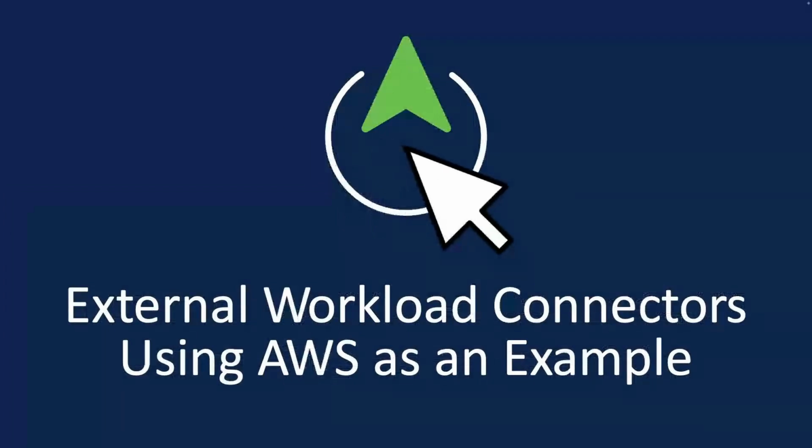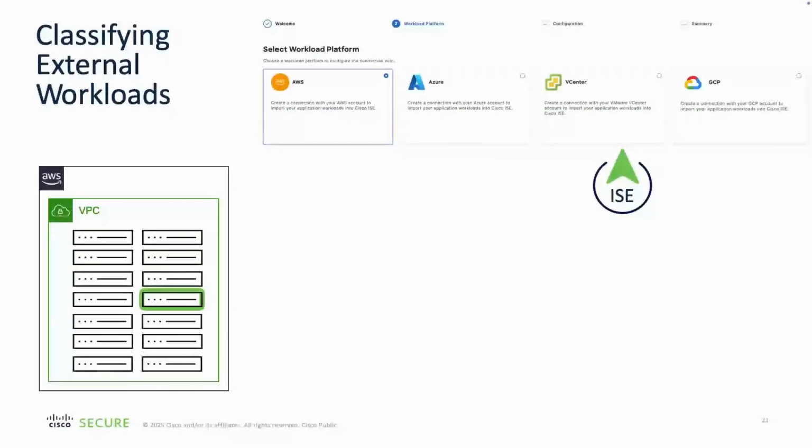Of course, we're not just having this connection with ACI. We've also got this external connector, and we can learn the likes of cloud workloads using AWS as an example. So how does this work? Well, we've got our workloads on the left there from AWS, and in ISE we can choose what external connector we want to learn context from.